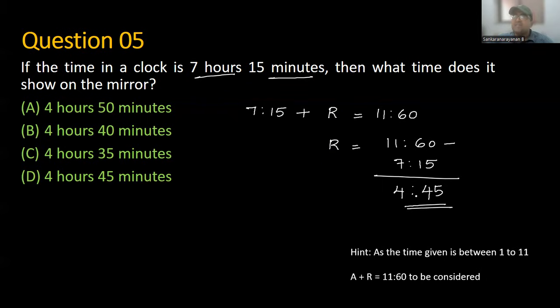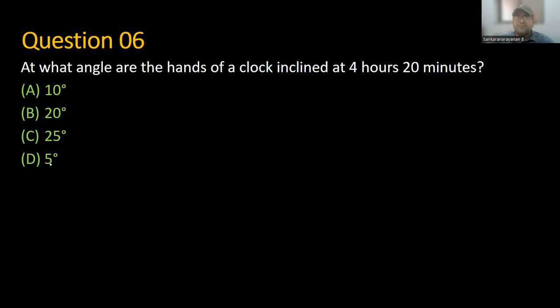So in the reflection, the time that you see on that mirror will be 4 hours 45 minutes. We can see that option D is going to be my final answer for this question. Okay, 4:45.